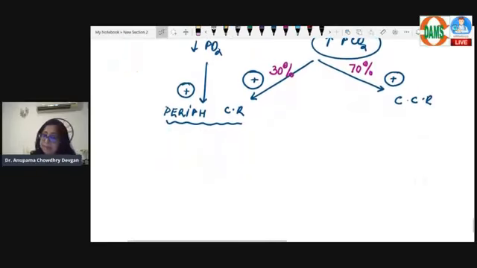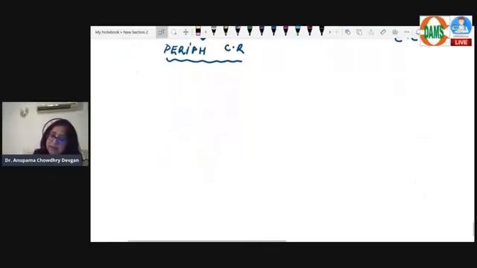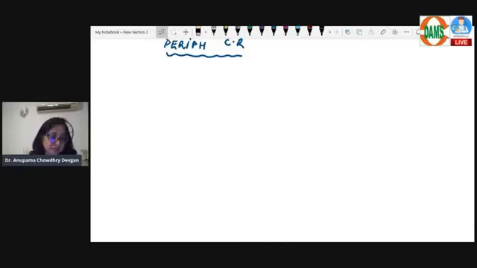Okay? Now, one important point about the peripheral chemoreceptors, the carotid body.